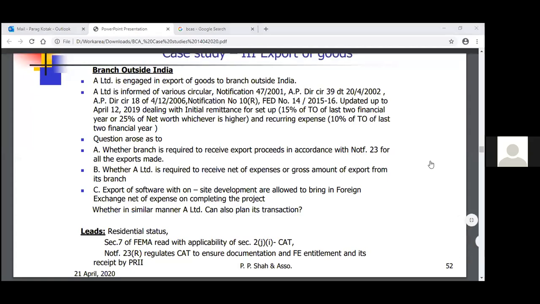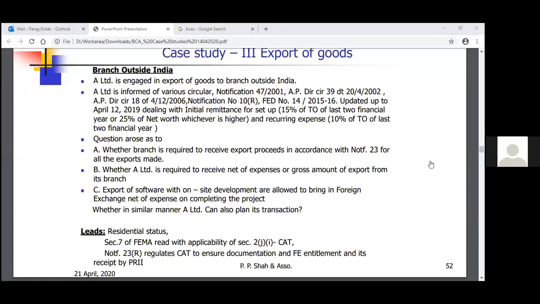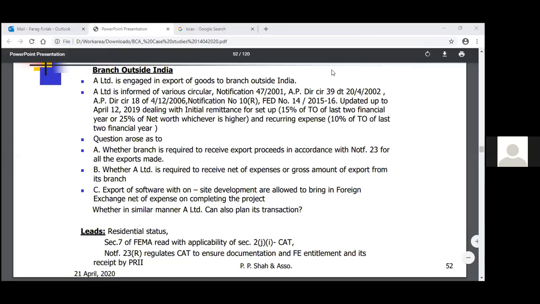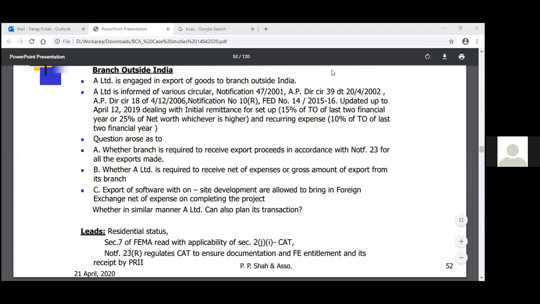We all know that a branch of an Indian company is a resident entity under the provisions of section 2(v) of the FEMA. So can such an activity of a branch, which is a resident, be regulated by way of circulars and so on? Yes, the answer can be found in section 6(6) of the FEMA, that a branch, although a resident entity, can be regulated by the Reserve Bank of India, and therefore such circulars are, to my mind, valid and activities can be regulated.